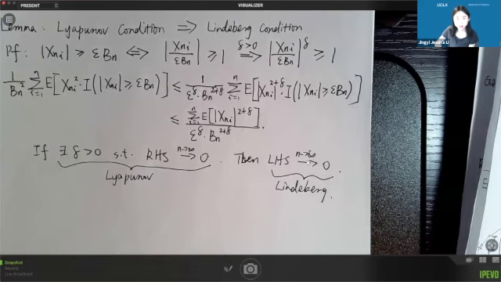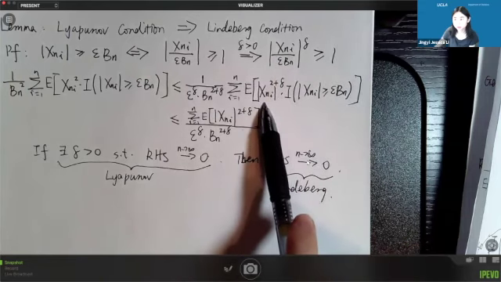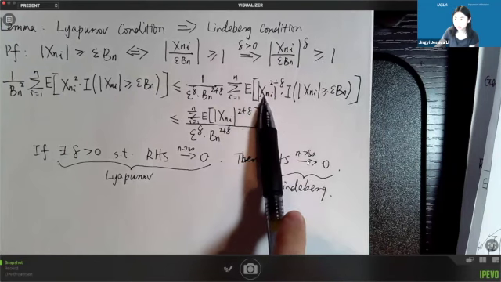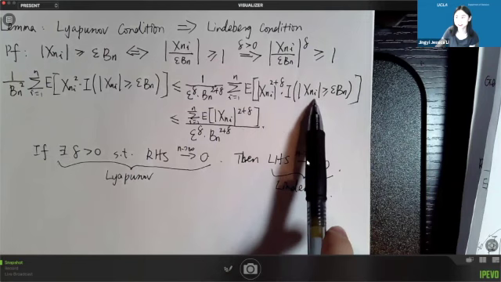So I think in this proof, a very important trick is how we deal with the indicator function. Indicator functions in probability are very, very useful because you can easily multiply a random variable as if it's a constant inside the expectation. The reason you can do it is that you are protected by the indicator.